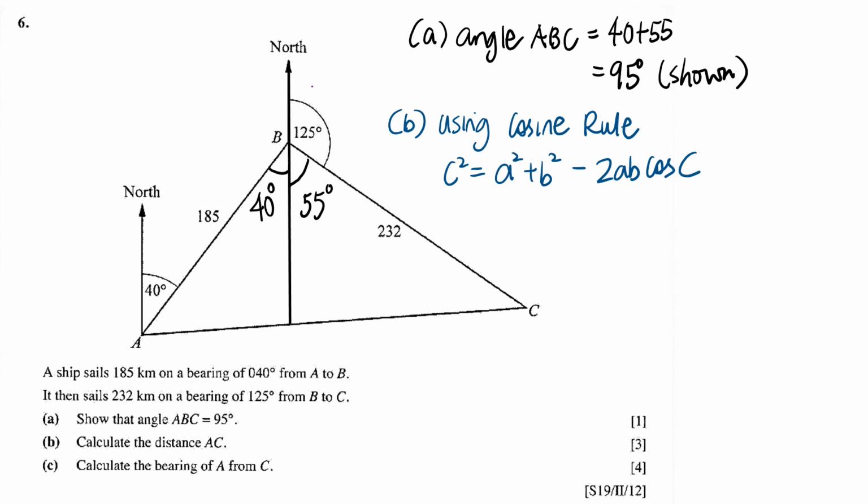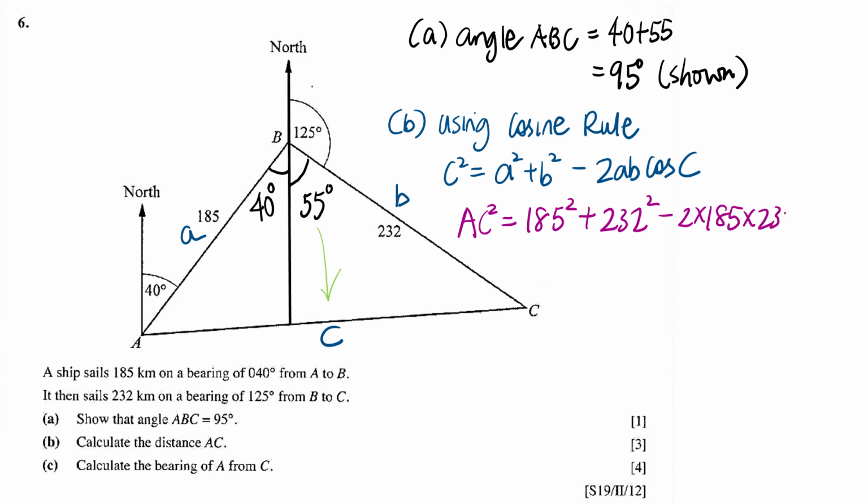Let's label the angle ABC as angle C, so the side opposite it will be lowercase c. And then let's label angle at A as angle A, and the angle at C as angle B.